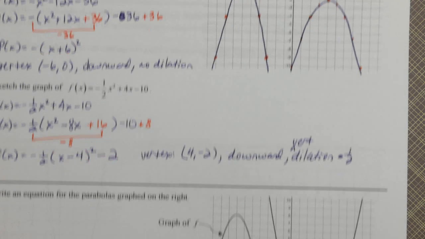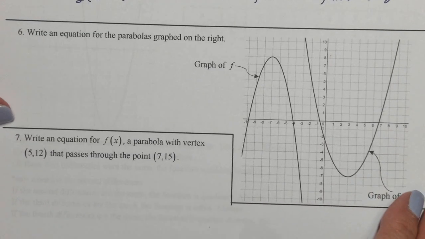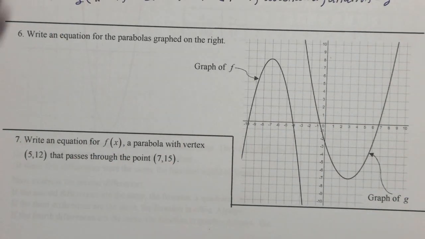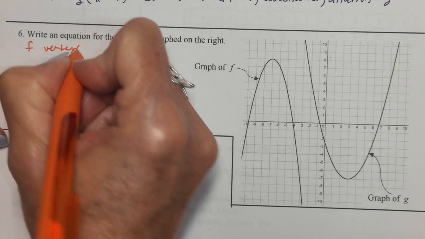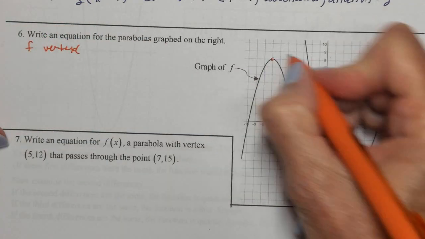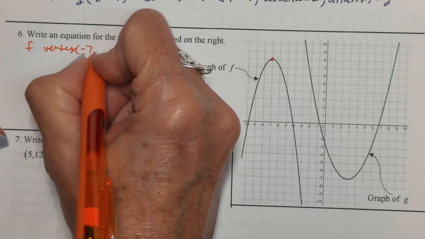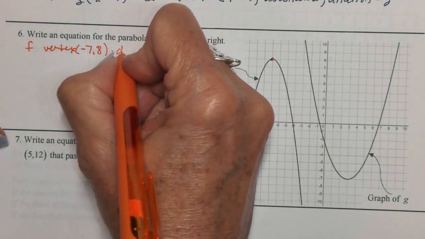Okay, that's how to graph getting in standard form. Okay, let's go backwards. What if we're given the graph? How do we get the equations? Okay, let's look at F. F has vertex negative 7, 8, and it's opening downward.